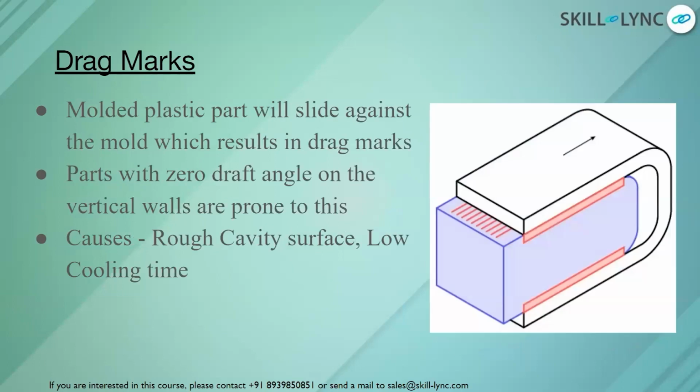Now coming to the drag marks, this is basically happening because you didn't design the mold components properly, or the amount of draft you provided is not sufficient, or there was zero draft provided to the mold. What happens generally is it scrapes the plastic component, and then the aesthetic look of the part is destroyed. You get a very rough surface.